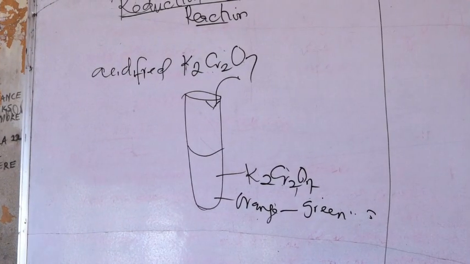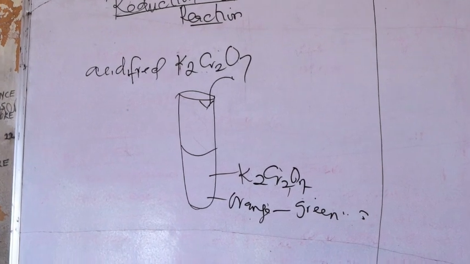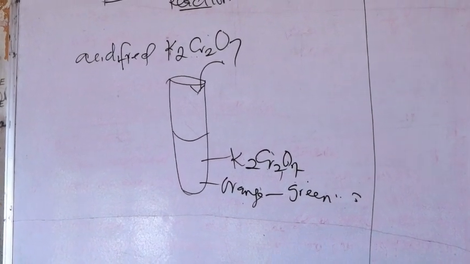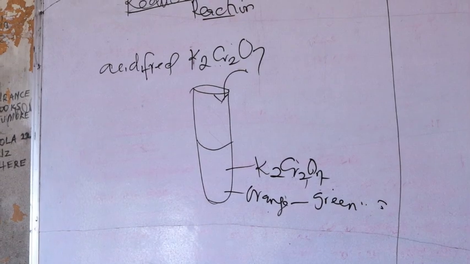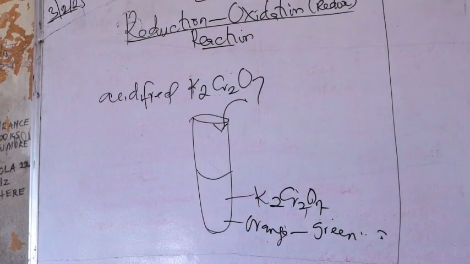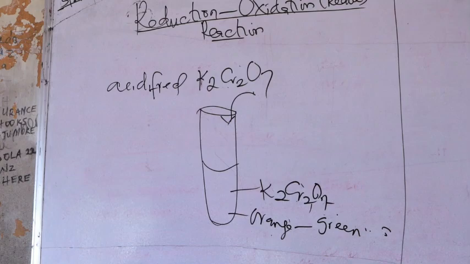That means we use an oxidizing agent to test for a reducing agent. And we use a sample of iron(II) chloride. What is the color of iron(II) chloride? The color is green.